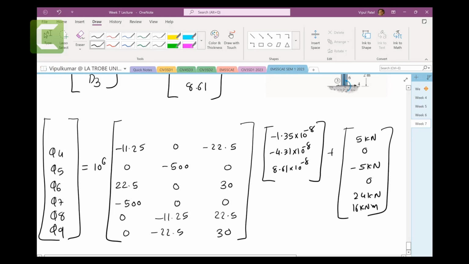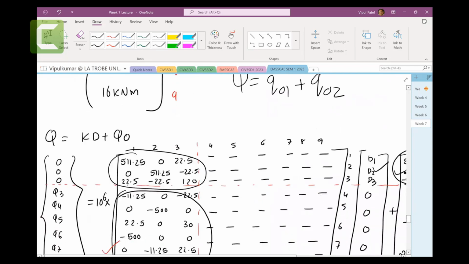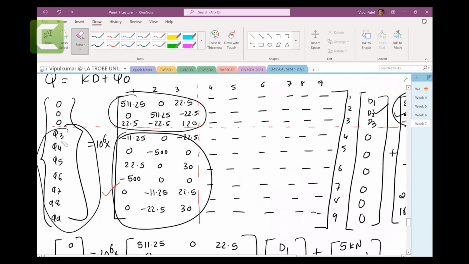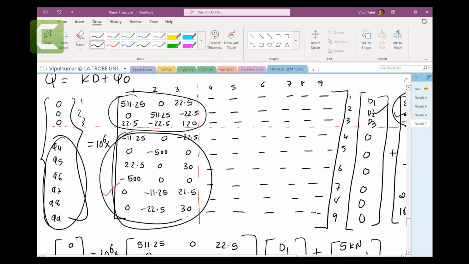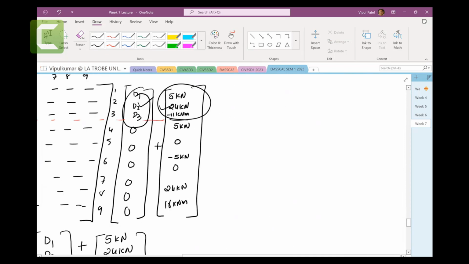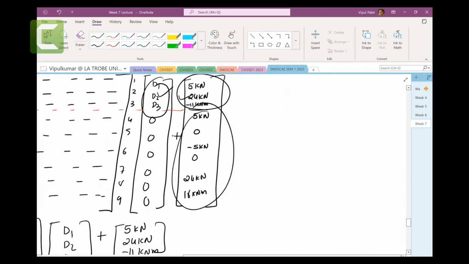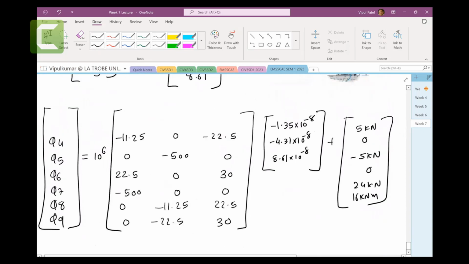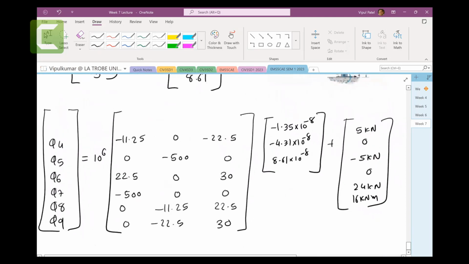I take all this from our equations. We take, oh, this is not Q3, there is a Q4 only, because this is 1, 2, and 3. So Q4. We take all these ones with 10 to the power 6, we substitute D1 and D2, and then we add this one. I hope it is clear to you how to take all these values.